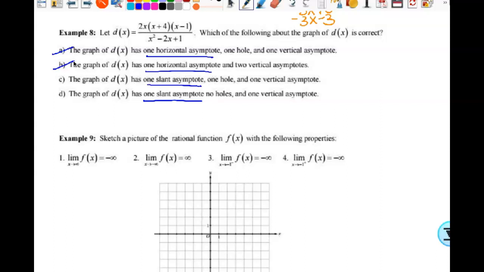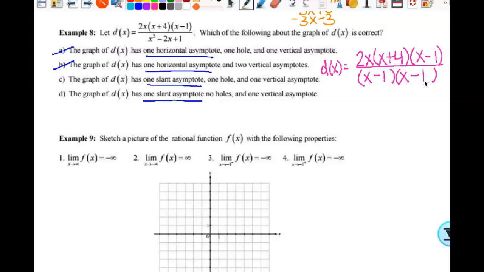Okay, but let's actually do some work here, because we shouldn't always just work things out that way either. So if I actually factor this, they very nicely already factored the numerator for me. Then the denominator, I would imagine most of you would probably factor it like this, which is totally fine, and you get a -1 and a -1.